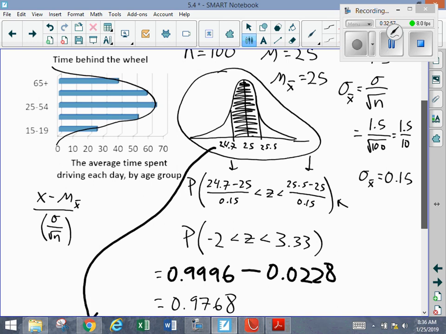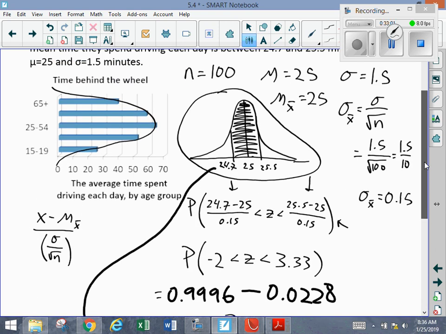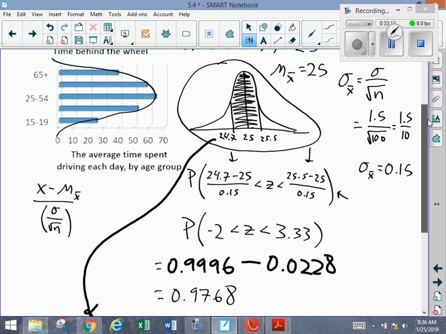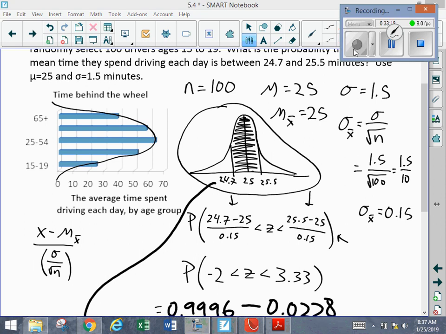All right, got it? So you could just skip all that, and the circled things would be pretty much your answer. Okay? So let's go ahead and do it that way for the next one. Just wanted to show you every single way of doing this thing. Just wanted to show you all angles, all approaches.